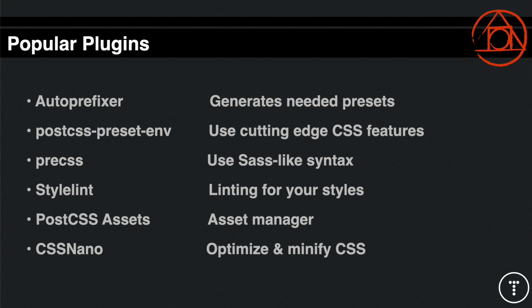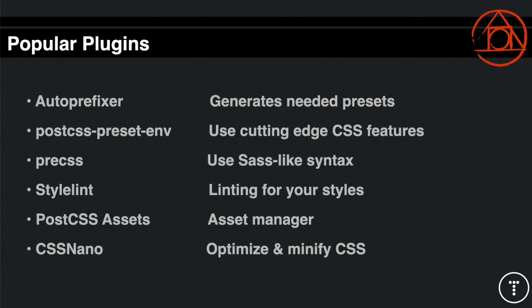So PreCSS is a plugin that allows you to use Sass-like syntax. It does depend on other plugins. In fact, one of those is the preset-env plugin, and then there's some others as well, like 5 or 6, but it lets you literally use Sass syntax, including the $ variables, nesting, extending, things like that.